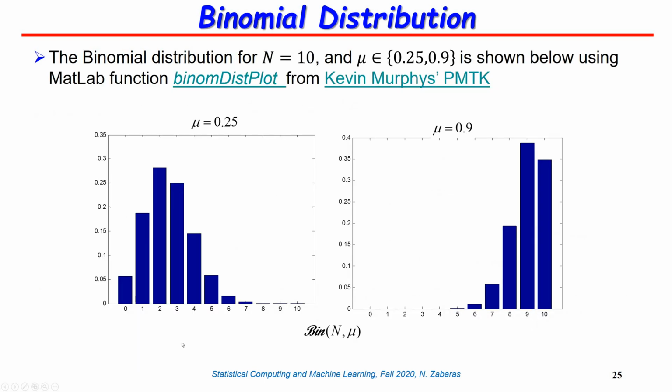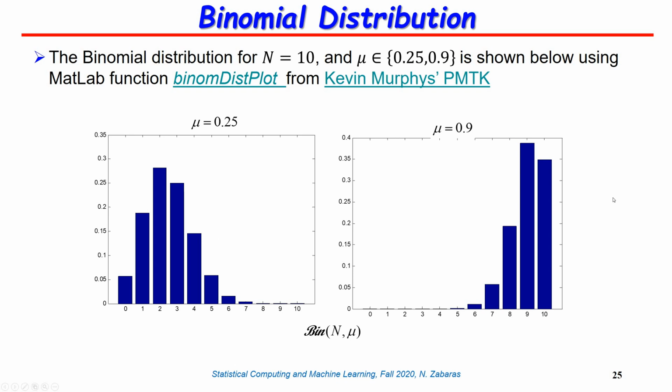I am plotting again the binomial distribution for mu equal to 0.25 and mu equal to 0.9. If you think about it, this corresponds to two coins, where one of them has a higher probability of giving you heads, so this is an unfair coin, and the other has a higher probability of giving you tails.